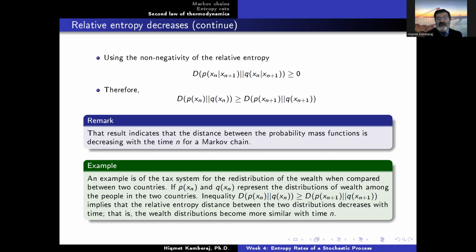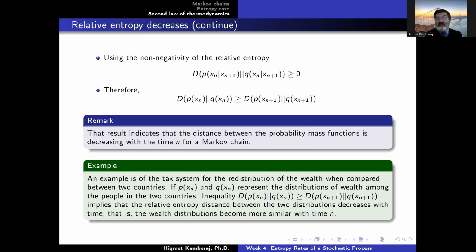If P of xn and Q of xn represent the distribution of the wealth among the people in the two countries, then the inequality D of P of xn from Q of xn greater or equal to D of P of xn plus 1 from Q of xn plus 1 implies that the relative entropy distance between the two distributions decreases with time. That is, the wealth distribution becomes more similar with time n.